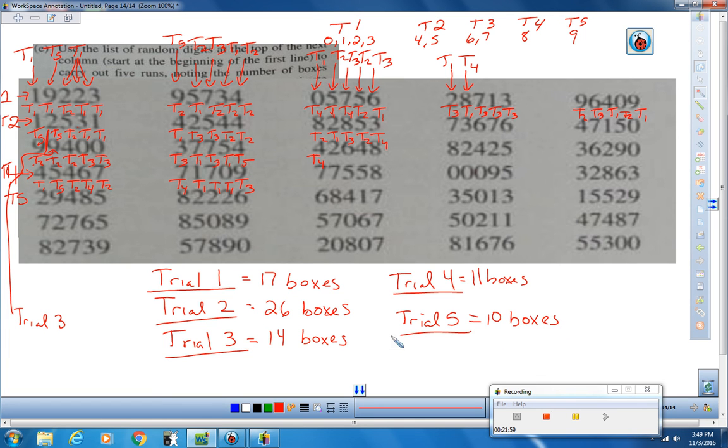But that's what it asks us to do. It asks us to run a simulation, kind of mark on the digits, but run the simulation 5 times, and that's what we did. And we noted the number of boxes we purchased.